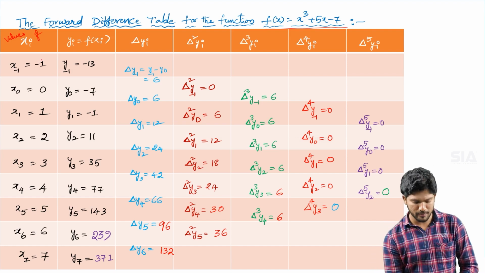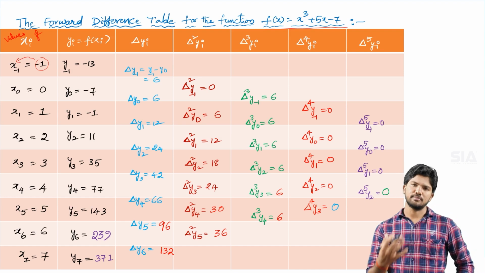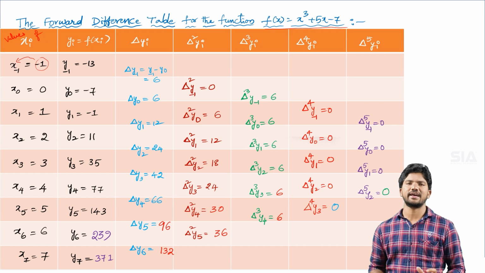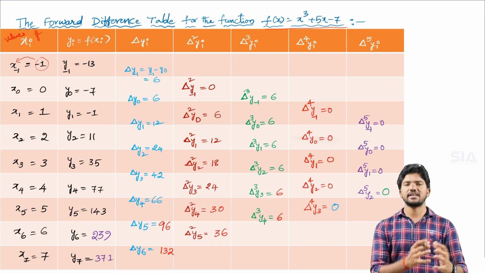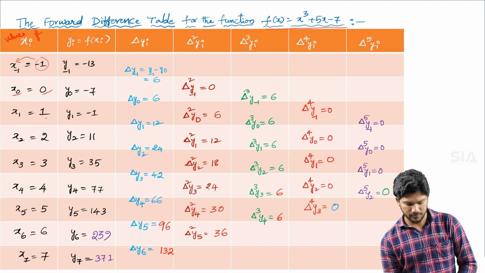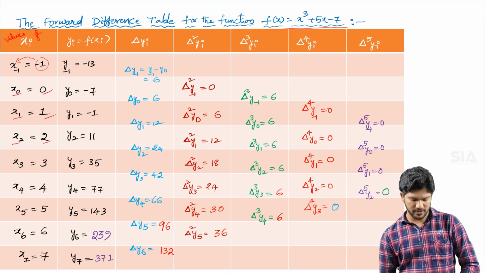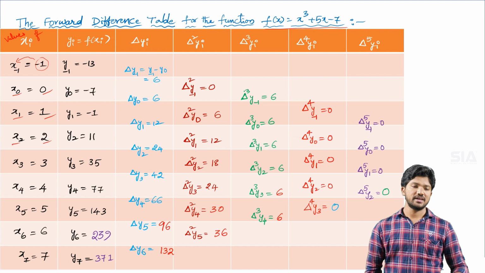The first value is minus 1, which we take as x suffix minus 1. Then 0 is x suffix 0, 1 is x1, 2 is x2, 3 is x3, 4 is x4, 5 is x5, 6 is x6, and 7 is x7.